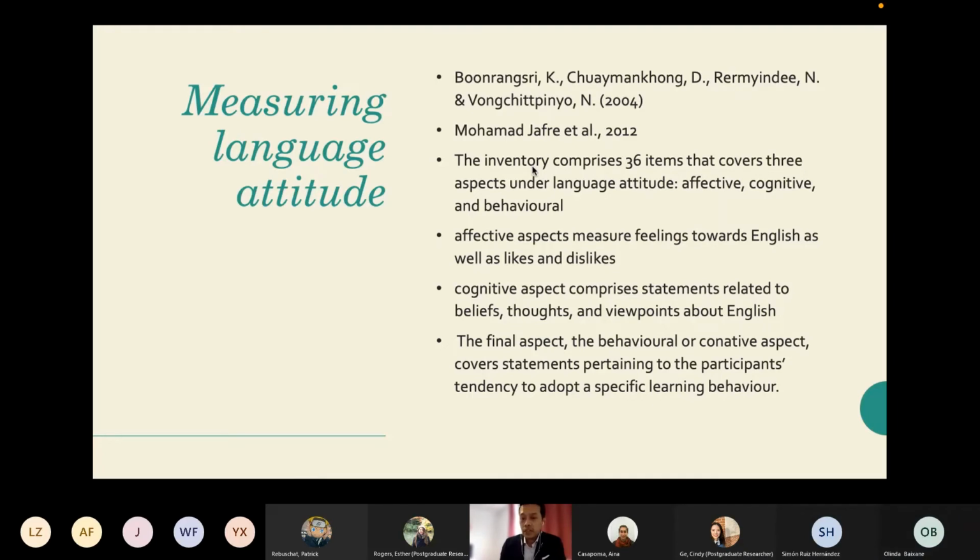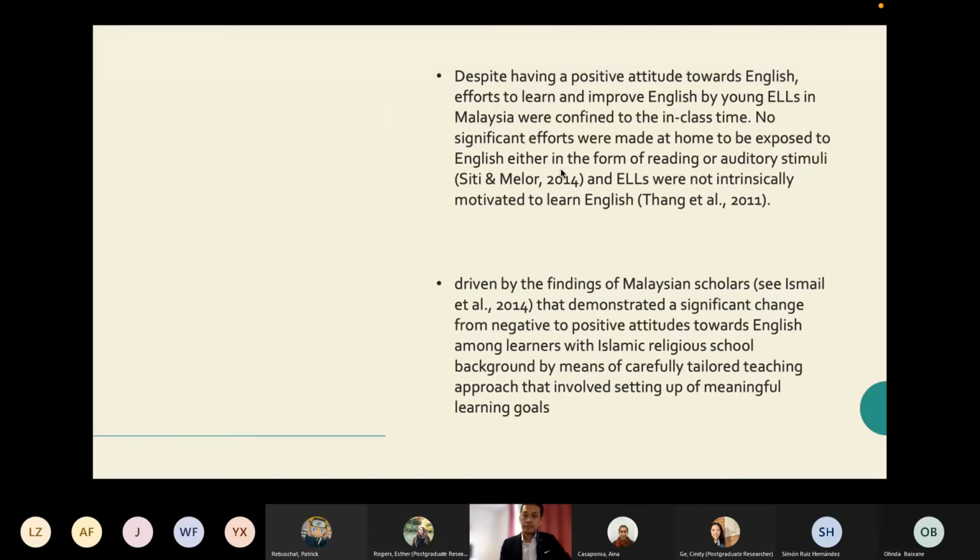And we have the cognitive aspects, which comprises statements related to beliefs, thoughts, and viewpoints about English. And the final aspect, the behavioral, which covers statements pertaining to the participants' tendency to adopt a specific learning behavior, what they actually do to learn English.